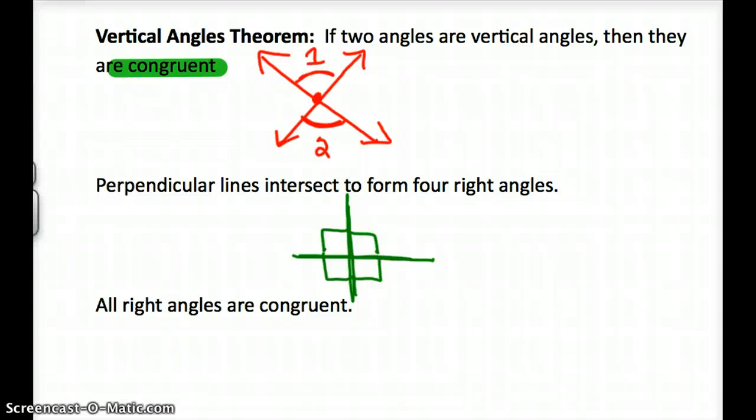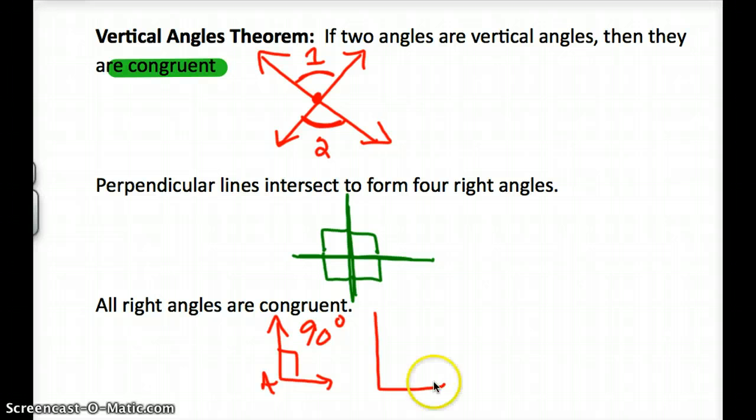Here's our next theorem. If I have angle A, and it is at a right angle, then you would say it's 90 degrees. If I drew angle B, and it's at a right angle, you would say that is also 90 degrees.